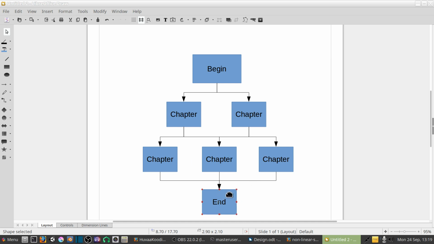So we could have this kind of a situation. So in this case you always get the same ending, but here, either based on this choice or based on this choice here, you could get a different ending. Something like this.